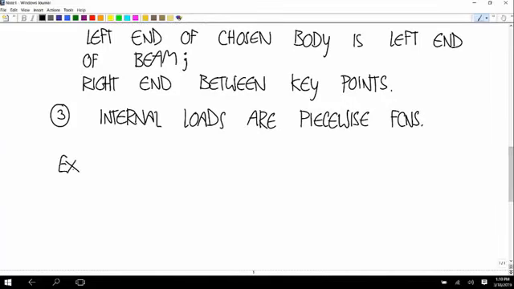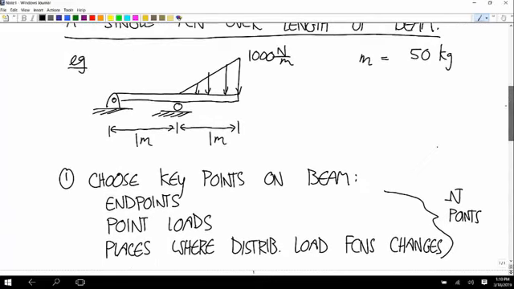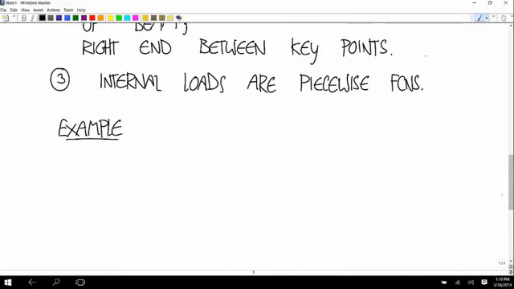So let's just do an example with the one that I put up here. So here's the beam. There's a roller at the center.